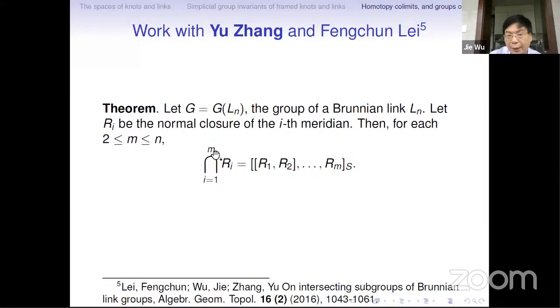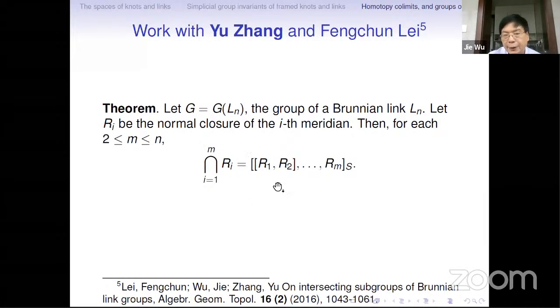Okay, so these are the normal closures of the meridians. You take the first two and take the commutator, then you take R3, the commutator subgroup again, and so on until Rm. Then I put the S here, which means you can permute the indices, and then take the product.